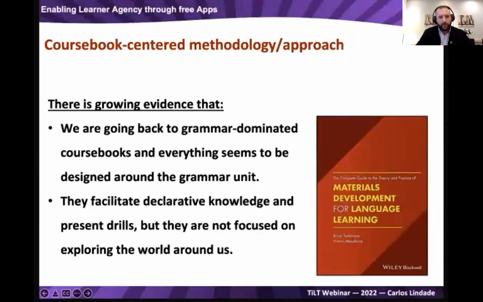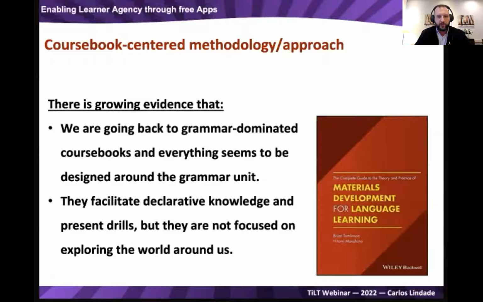Now, a word of caution. When we promote learner agency, we have to be conscious of the type of classroom that we run. If we run a heavily coursebook-centered classroom, this might be tricky.